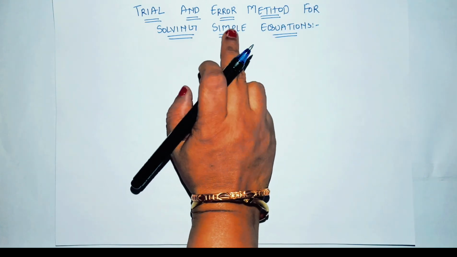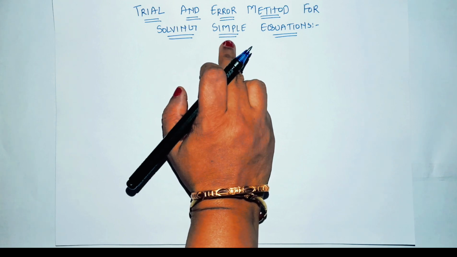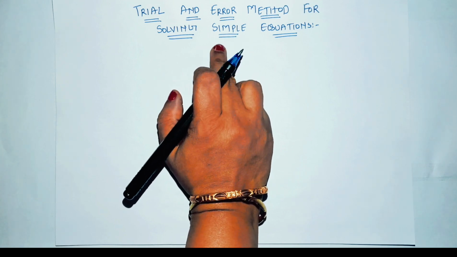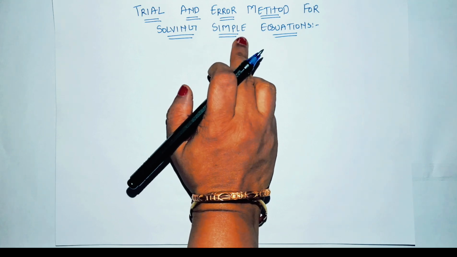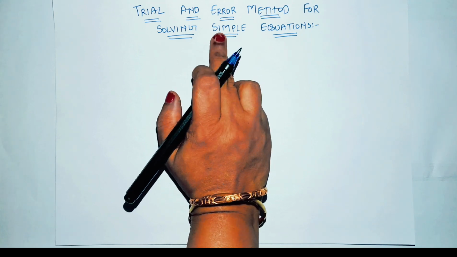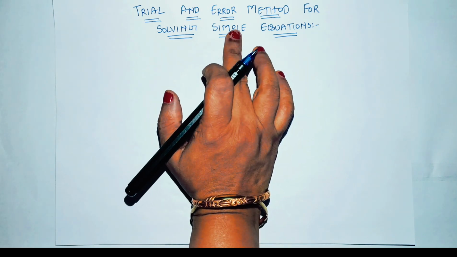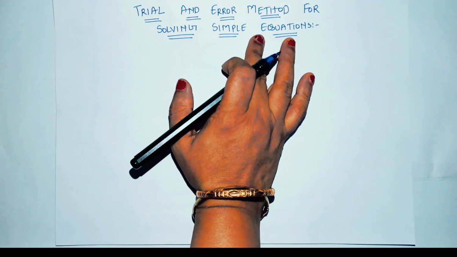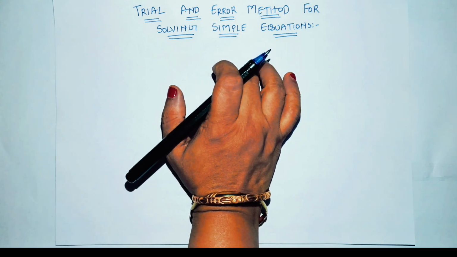It involves substituting different values for the variable. Variable means, in place of x, you can write: putting x is equal to 1, putting x is equal to 2, putting x is equal to 3, and so on. Substituting different values for the variable until LHS of an equation equals RHS.